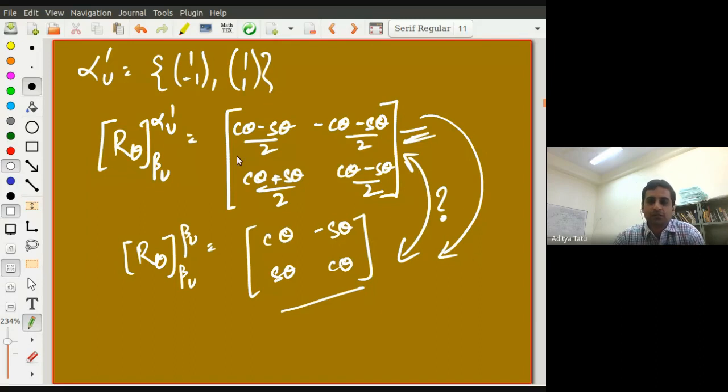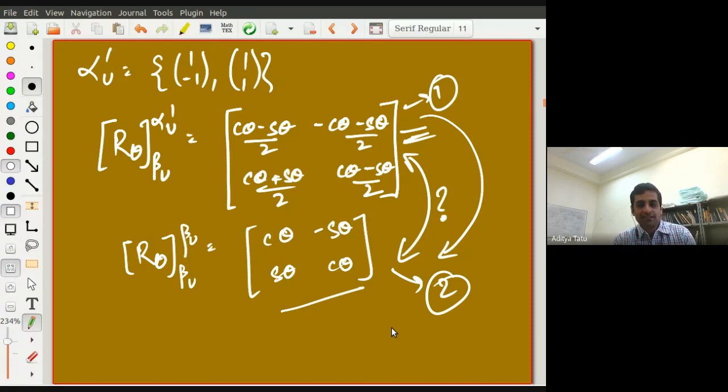If I give you these two matrices, 1 and 2, which is easier to understand? The second one, right? So in general, can we come up with a principle as to what sort of matrices are very easy to understand, and then how should I choose my basis so that I end up with that kind of matrix? Because whatever matrix you get completely depends on the choice of the basis. Are the two questions understood?